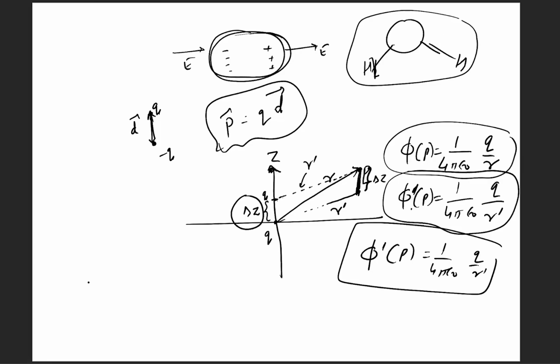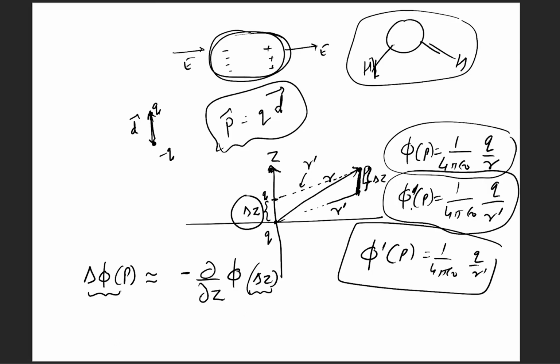Now we can use that this delta phi at point P is approximately equal to minus dou by dou z of the potential times delta z, because in the z direction we are looking at the potential, and since the movement is in the minus z direction, the minus sign comes. And why do we have the approximate sign? Because we are considering some finite movement. If this limit tends to 0, then this sign will change to equal.